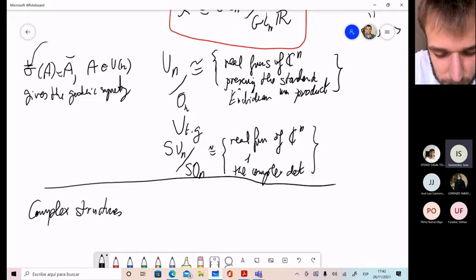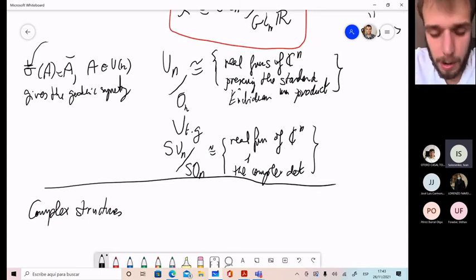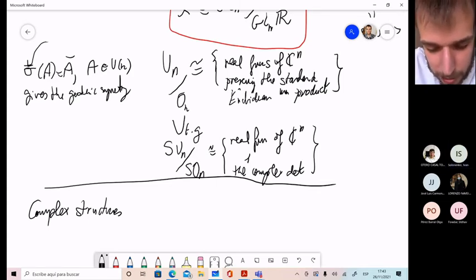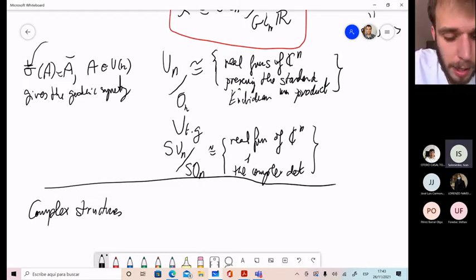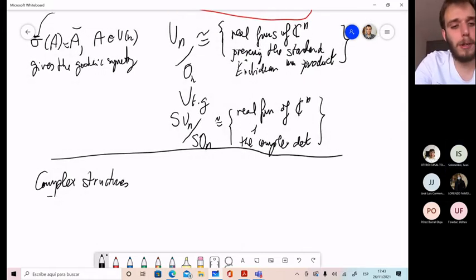Because if you compute the Hermitian inner product between two vectors, this will be the sum of v_i times the conjugate of w_i. But if you first conjugate them and then do this, it will be the conjugate of the result. You're totally right. Yeah, but it preserves the Euclidean product, exactly. Great, very nice, because I learned something else.